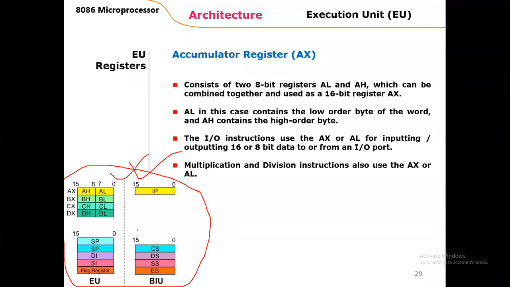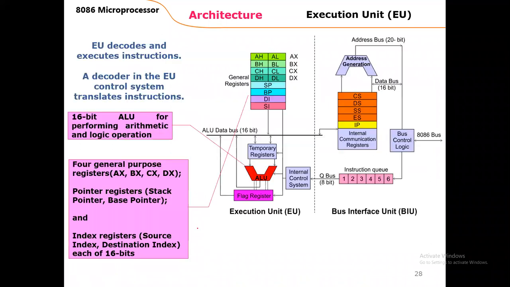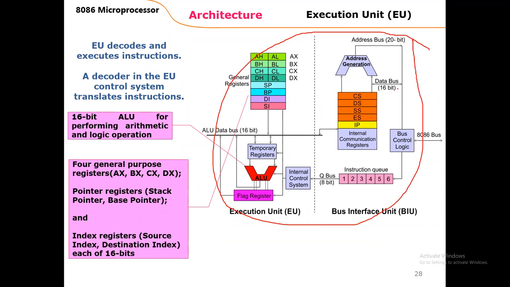Suppose one question is the architecture of the 8086 microprocessor: draw the architecture. So draw the whole part, and also the description, depending on your question. If the description is only for the execution part, then only the execution part.